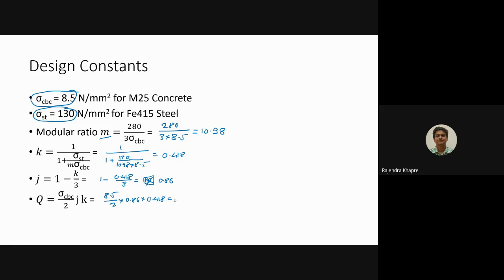Somebody? 1.527. So these are the design constants for M25 grade concrete with Fe415 grade steel for the design purpose. Okay. So now let us proceed further.